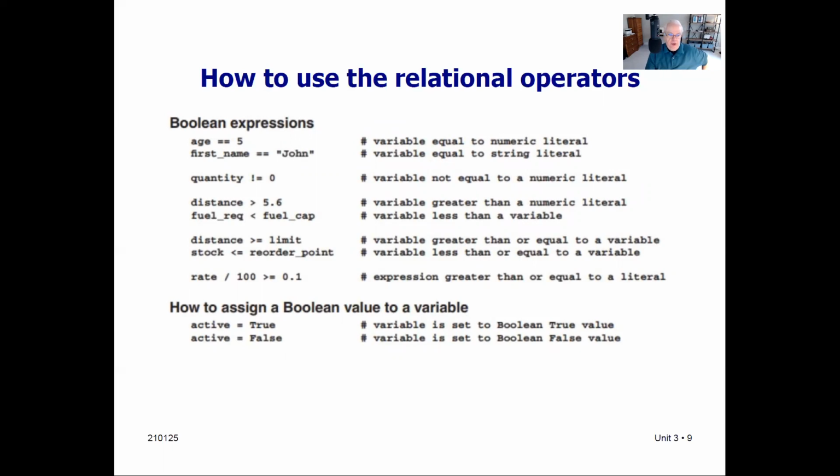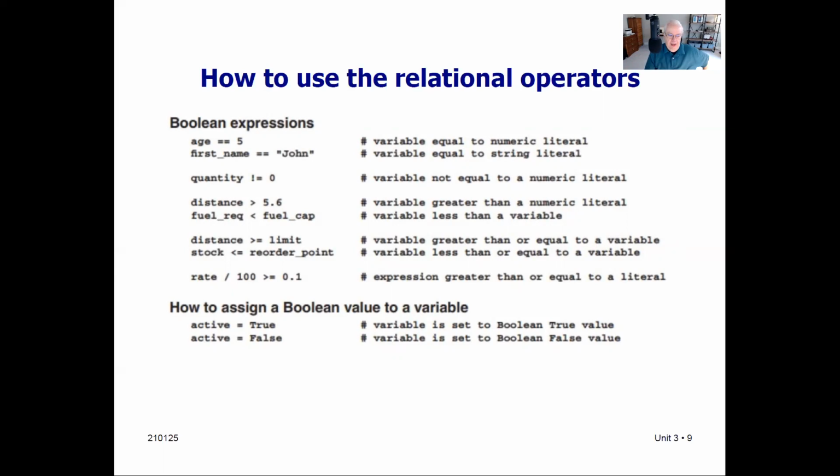The fuel_reg is less than fuel_cap. That's probably going to be a numeric value. You can do a less than in strings, but that's not in this chapter, so let's not talk about that.